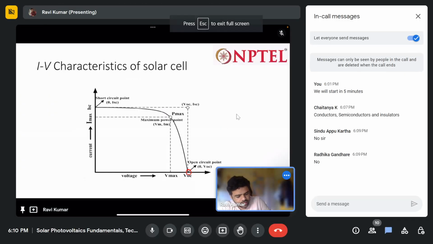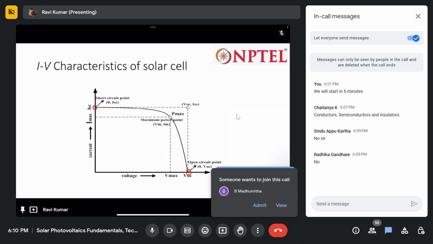Then we have ISC. If we connect a load with a solar cell and the current flowing through the load is maximum, then the voltage across the load will be 0 and the current will be maximum, and that current is known as short circuit current.